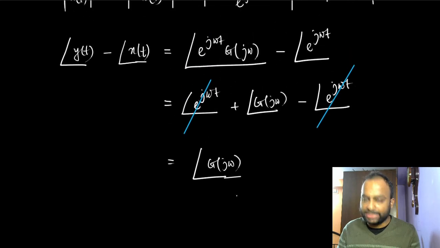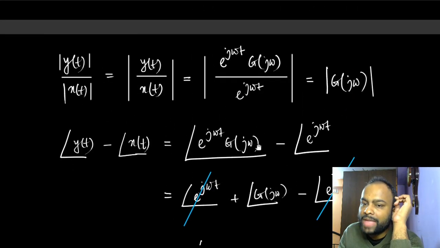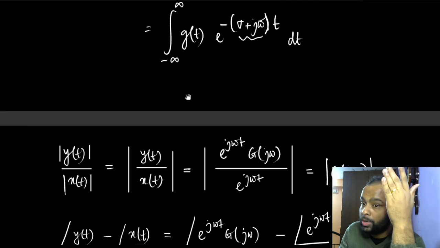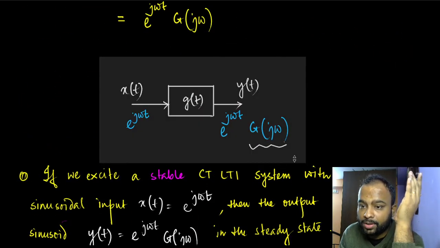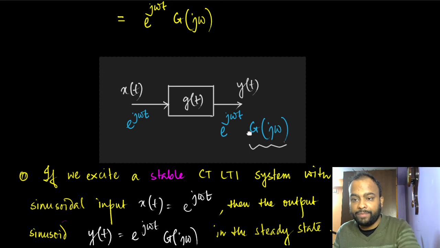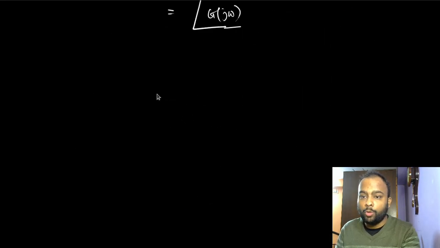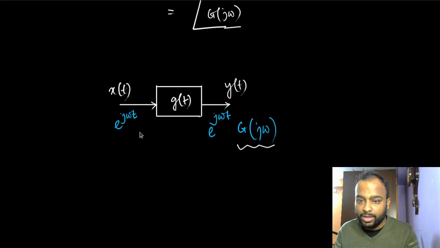So what have we really seen? We have seen that the output is also a sinusoid. If I bring this back here, I can see that the output is really also a sinusoid. Let me write this more clearly.